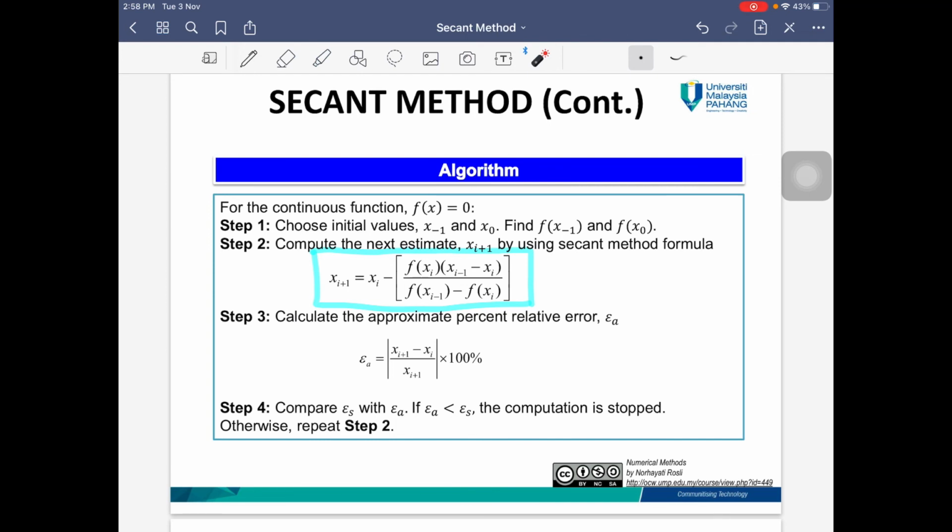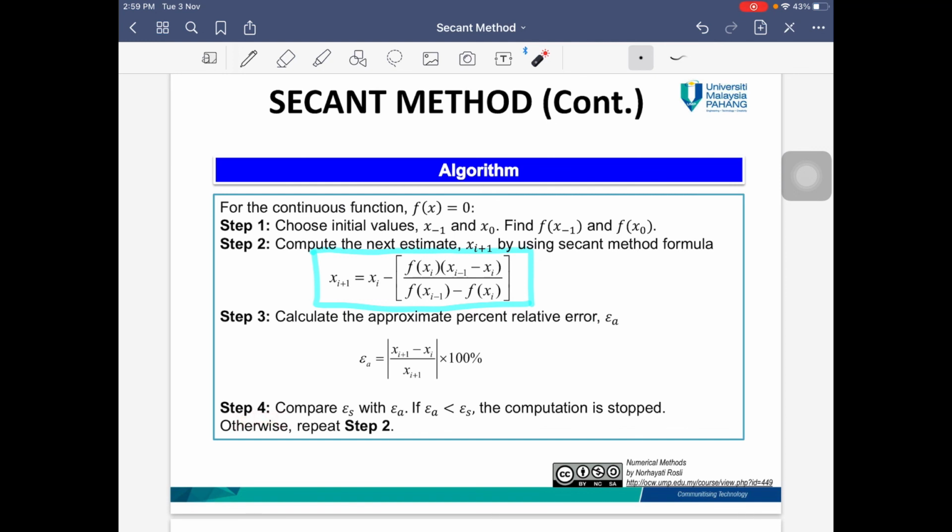Step 3, similar to the previous methods, we calculate the approximate percent relative error: current approximation minus previous, divided by current, multiplied by 100%. Similar to Newton's method, at the first iteration in the secant method we can already calculate our approximate percent error.